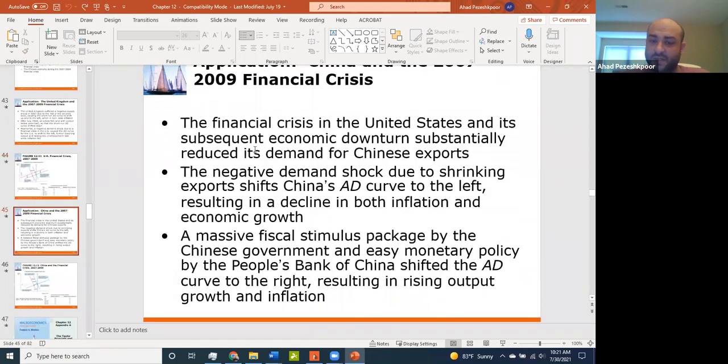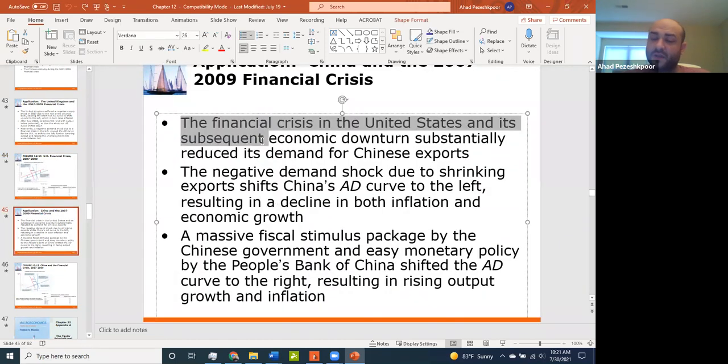The financial crisis in the United States and subsequent economic downturn substantially reduced its demand for Chinese exports because the consumer in the United States lost its consumer confidence.